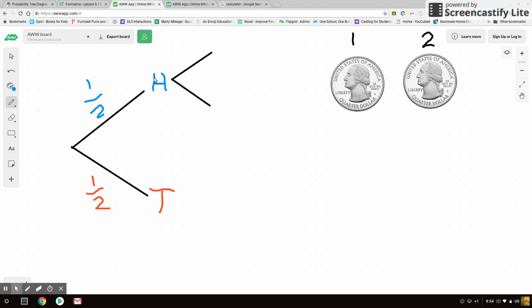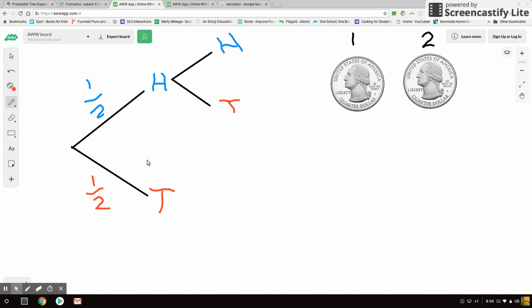The first coin could come up as heads, and then the second one could come up as heads. Yay, that's a good thing in terms of our probability. We also could have the first coin come up as heads, and the second coin come up as tails. That is a possible outcome.